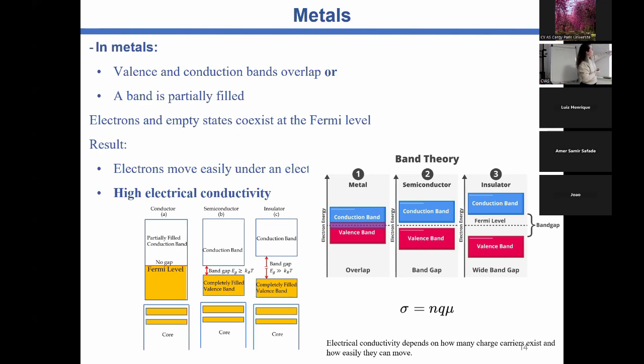What we want to see is that in metals we have electrons that can move freely in the material. The free states are fundamental for charge transportation, and we can measure the conductivity of the material in terms of the number of charge carriers and the mobility they have.